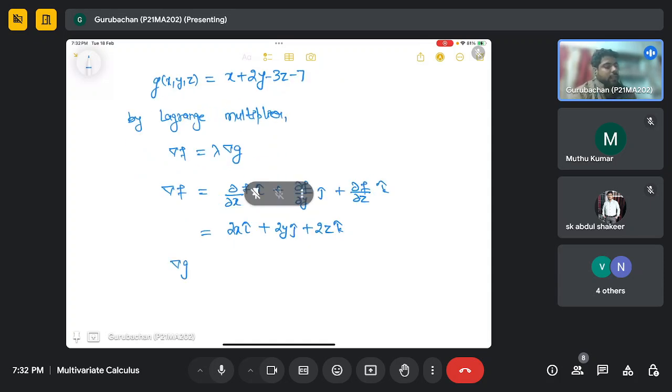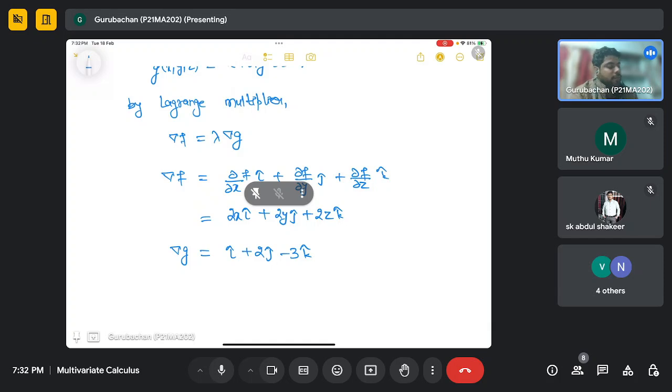While del g is a linear function, so this will simply give i cap plus 2j cap minus 3k cap. Now equate them with multiplying lambda: lambda i cap plus 2 lambda j cap minus 3 lambda k cap.